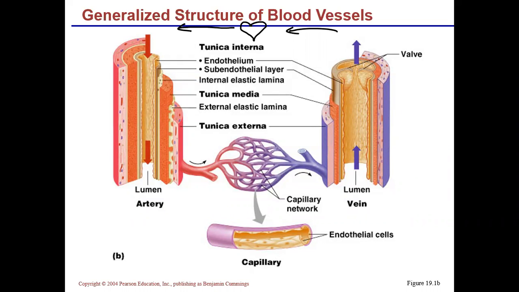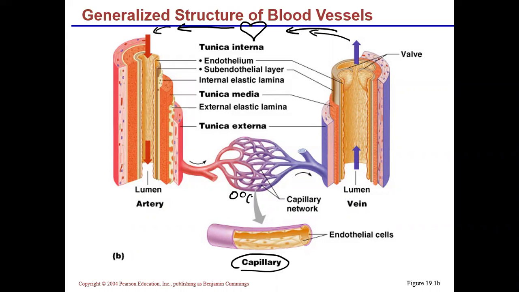In other words, arteries carry blood away from the heart. You can see this arrow is going away from this heart, right? It's going this way. And in terms of the veins, they carry blood towards the heart. So again, this arrow is going in towards the heart, which is the direction in which the blood flows. Now, capillaries right over here, that's where our tissues are.